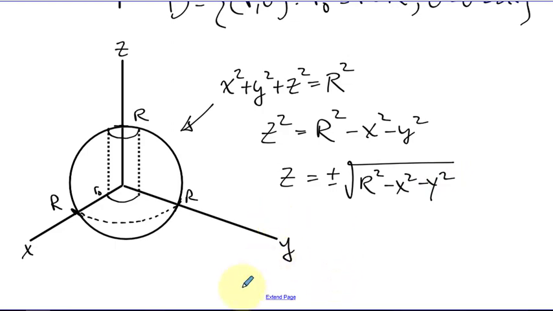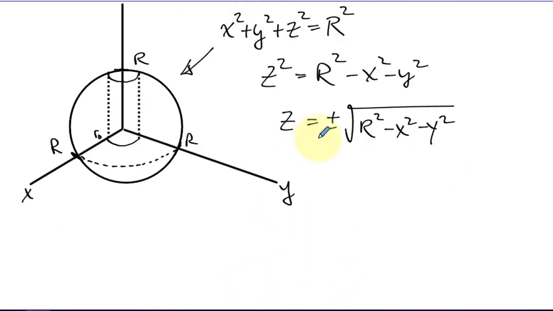So let's make our function a function of x and y, so that you get points on the surface of the sphere depending on x and y, by just choosing the positive z.